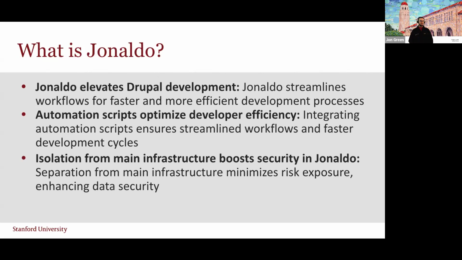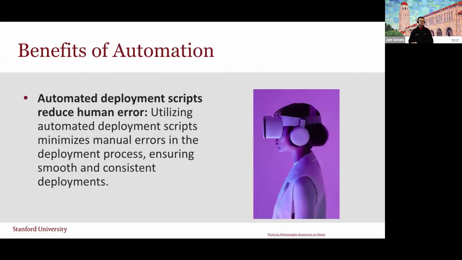It also has a lot of automation scripts that make it easier for developers. And it has an isolated infrastructure, which we'll talk about later, that ensures that it's secure from exposure.